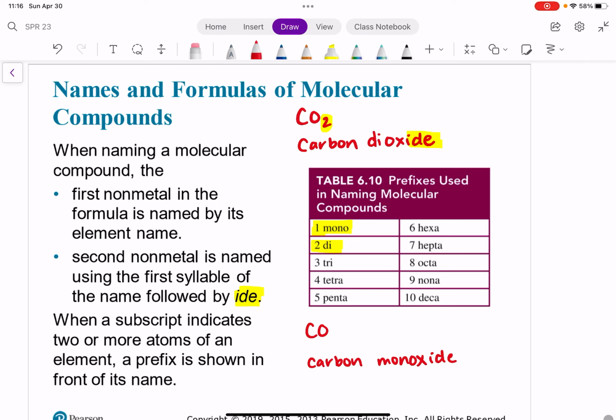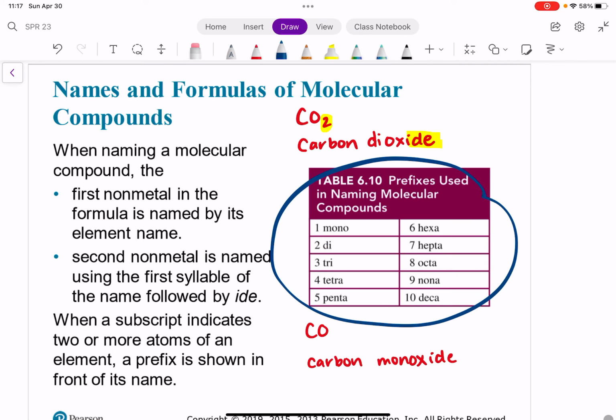If it's 3 carbons, then it would be tricarbon. But you do need to memorize these prefixes, okay? You need to know that 1 is always mono, 2 is di, 3 is tri, 4 is tetra, penta, hexa. And some of these, you can cheat a little bit by thinking about prefixes for other things, like octa, like an octopus, which has 8 legs.